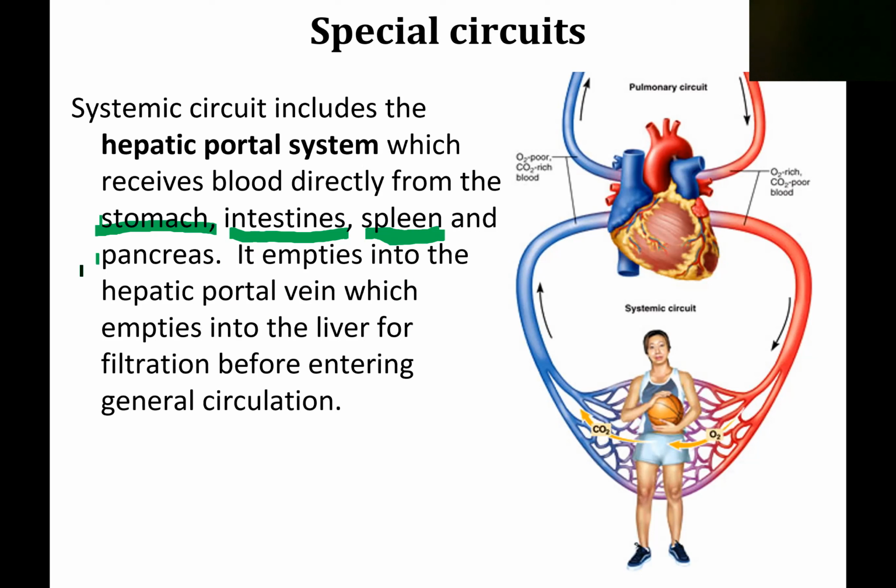The pancreas is secreting hormones, and the liver needs especially glucagon and insulin, both of them, to metabolize certain nutrients. So it's a defense mechanism. It's a way to get filtered materials to somewhere that can process them and make them either less harmful or usable by the body.